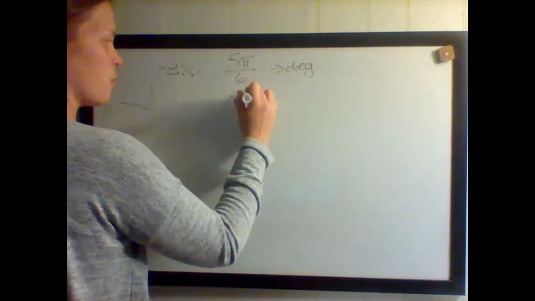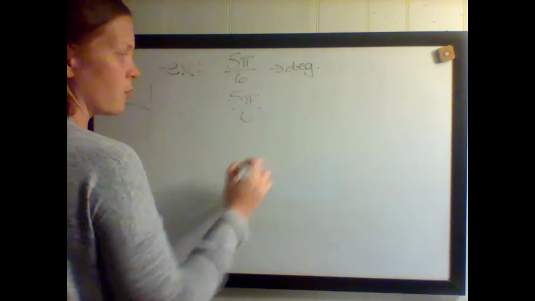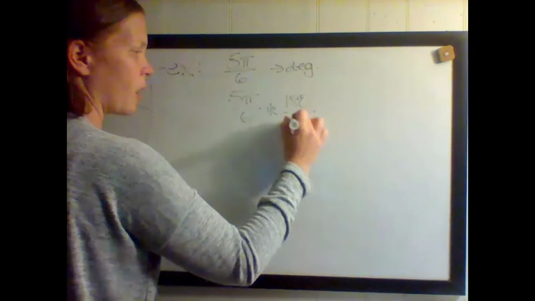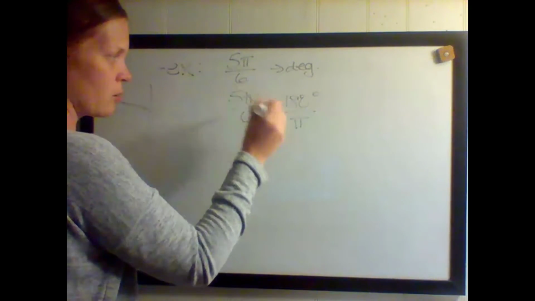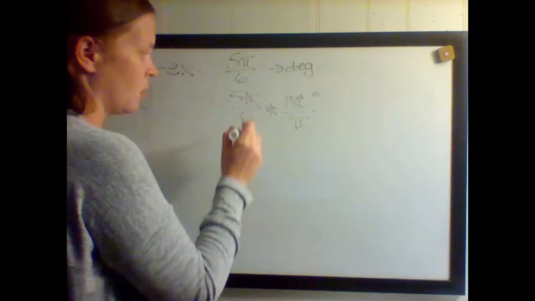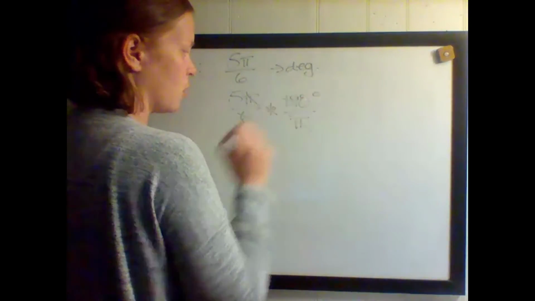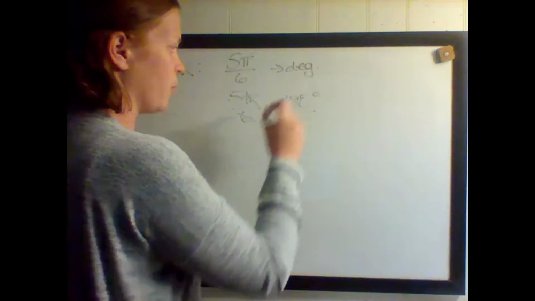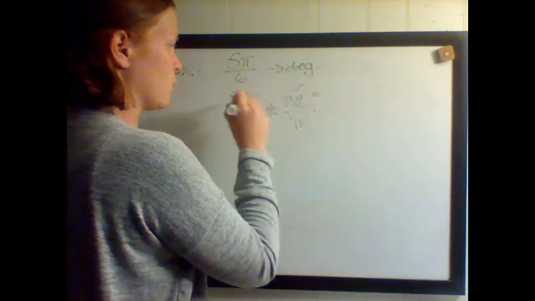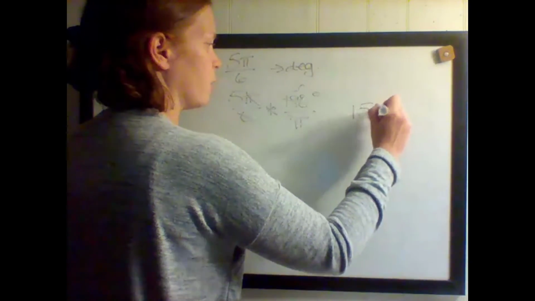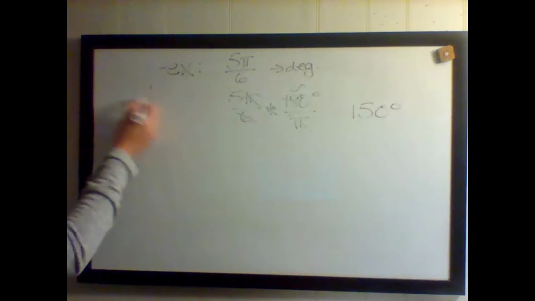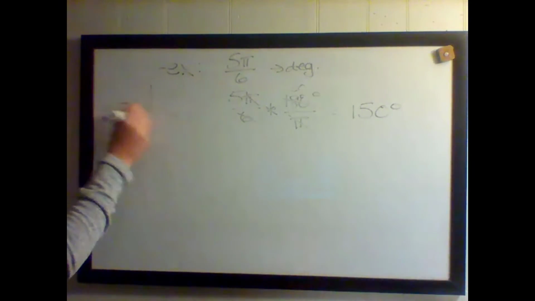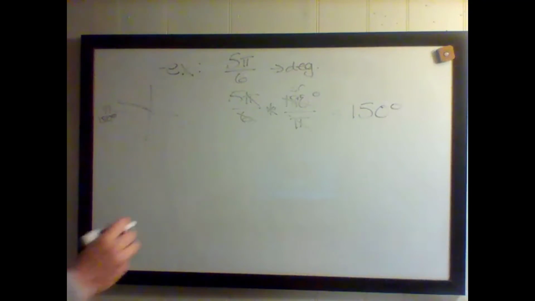So let's see if it makes sense when I get my degrees. So 5 pi over 6 times 180 over pi. The pi's are going to cancel. 6 will cancel. 180 divided by 6 is 30. So 5 times 30 would be 150 degrees. And that makes sense because if 180 and pi is a full straight line, that sounds about right that that'd be 150.